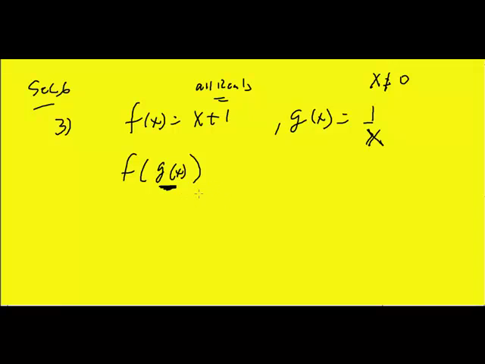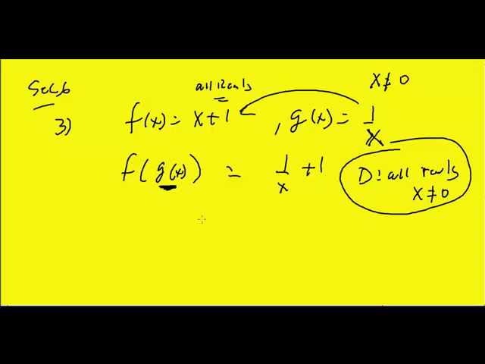Alright. So, when I take this, put that there, I get 1 over x plus 1. Then I might get new restrictions here. But it turned out it's the same restriction in both places. So my domain is all reals. X cannot equal 0. Go the other way. G of f of x.